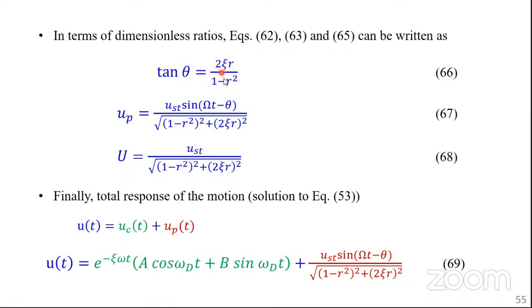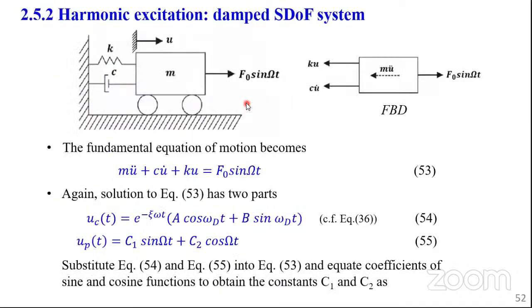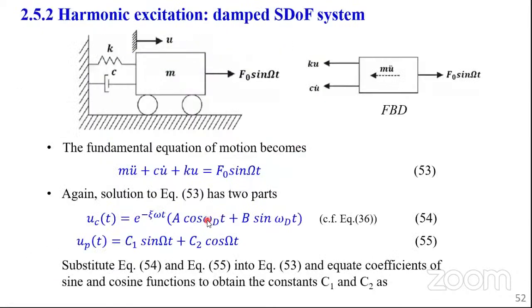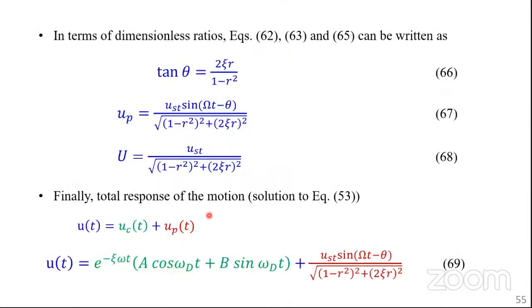Remember the ratios you defined initially. You remember this frequency ratio, r, don't confuse that with xi, where we talked of the damping ratio, c over c_cr. So this simplifies equation 63 by using those ratios. The equation, again, 67 simplified using the same.